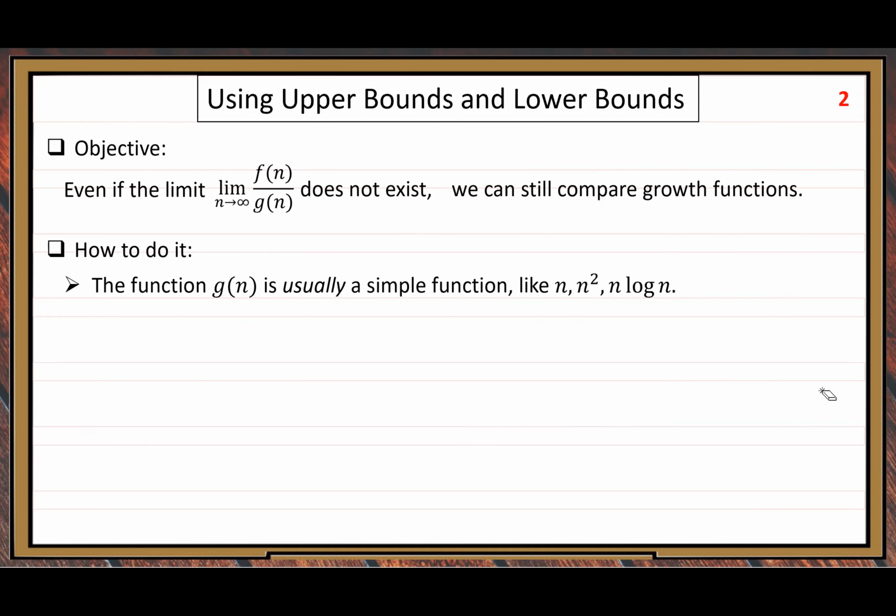The function g of n is usually a simple function like n squared and log n. It's natural. So why do we usually use a simple function for g of n?